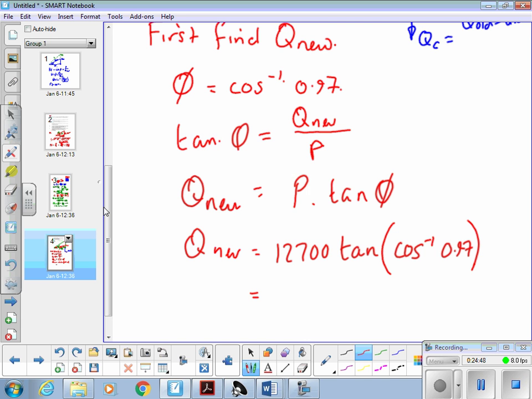And you'd get the full marks in the exam. I'm not saying you wouldn't. 3.183 doing it that way, and 3.19 doing the angle, which is equal to, as you rightly say, 3.18 kVAR.